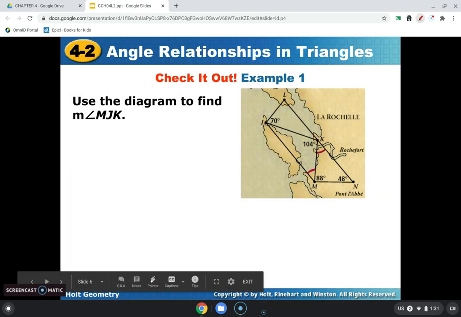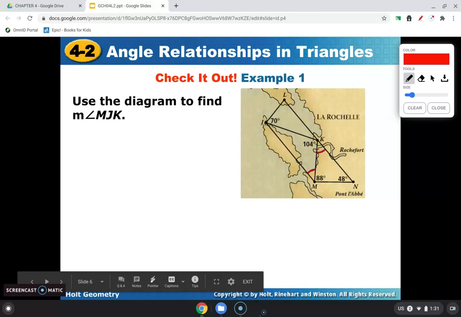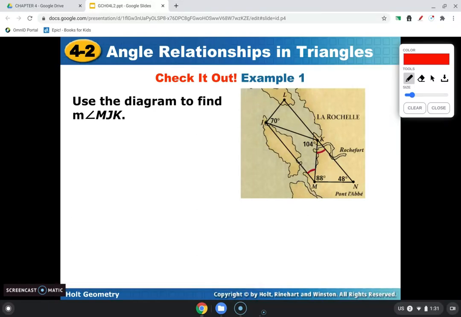Use the diagram to find the measure of MJK. So figure out where we're looking at here. That would be this angle right here. We can see that these two angles are the same, the red ones. So 88 and 48 would be what here? 88 plus 48 is 136.